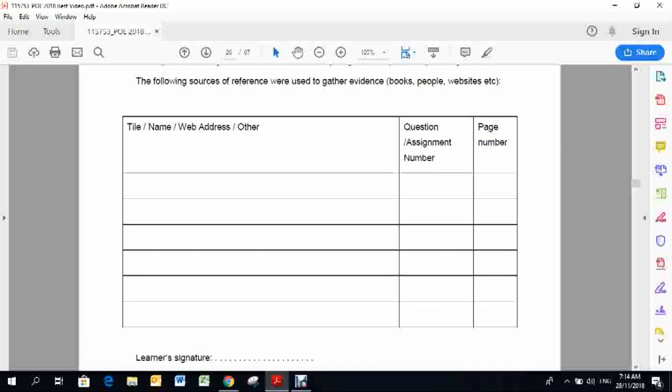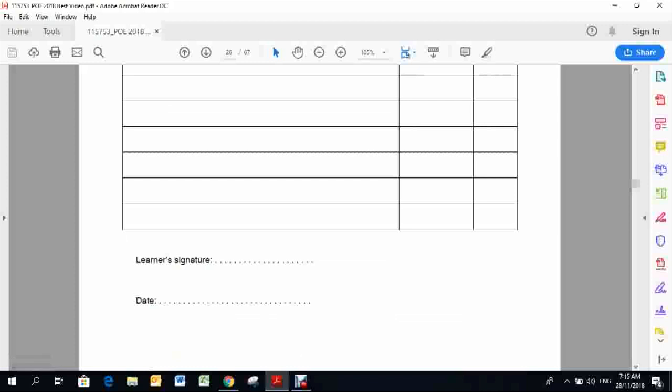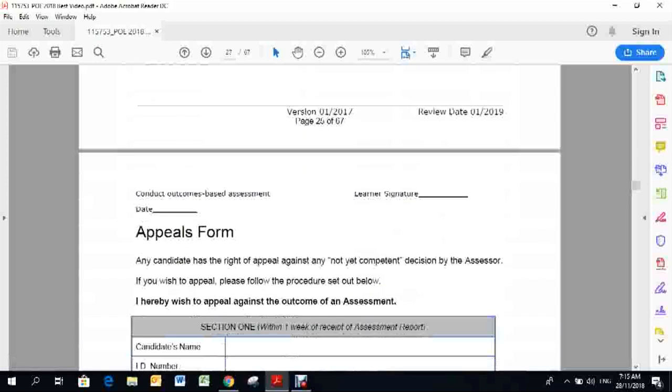So you need to acknowledge that I have used information that I got on this website. It's allowed to do so. But if you don't declare, then it becomes an issue. You're stealing from some people's website. So indicate the question or the assignment number and the page number here. And then you put your signature there and date.